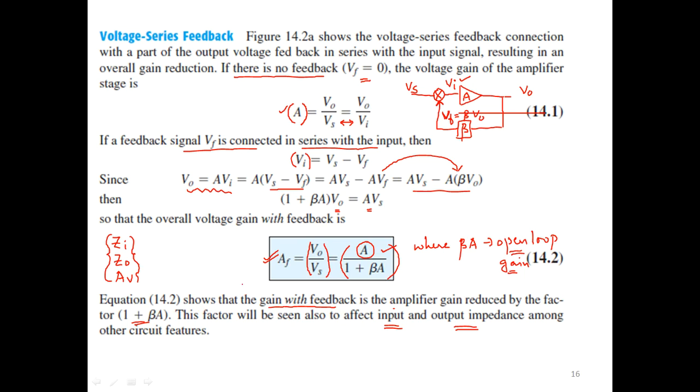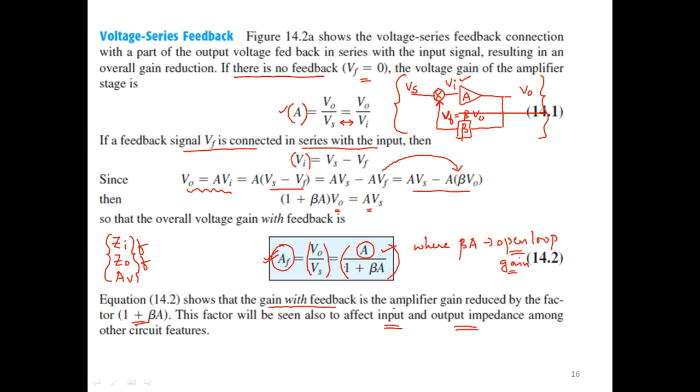Now we have got the expression for the gain with feedback. We are yet to obtain the expressions for input impedance and output impedance with feedback, which are ZIF and ZOF. That was about voltage series feedback. Whenever we say voltage series feedback, you will have to remember the particular block diagrams.